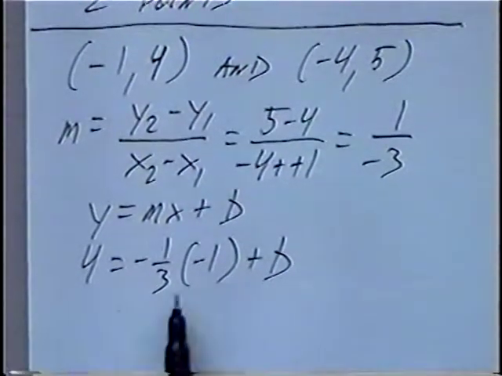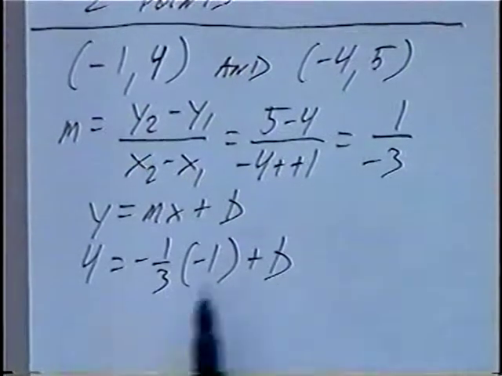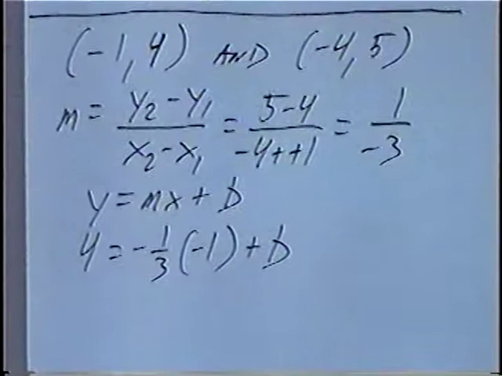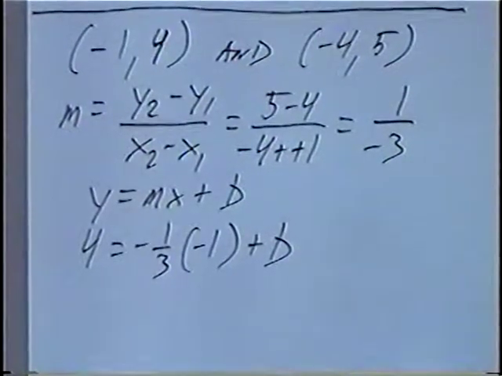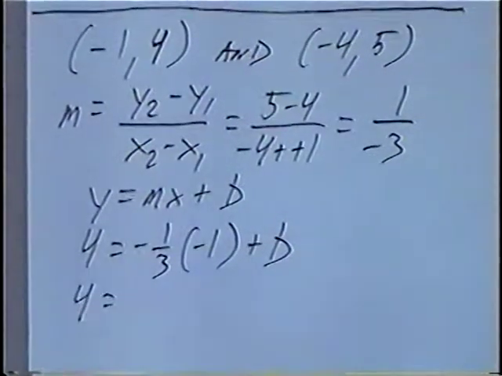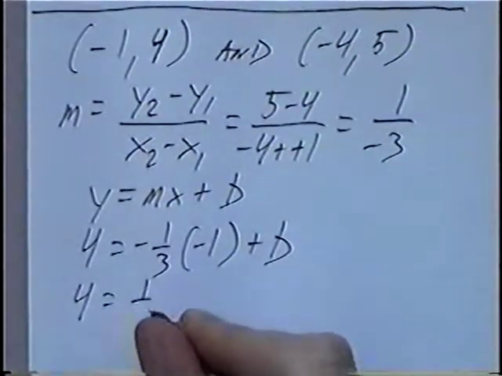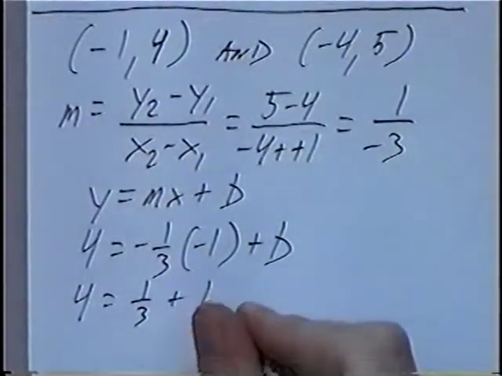If you wanted to, instead of negative 1 and 4, you could use negative 4 and 5, and you get the same answer. Solving from here, 4 equals negative 1/3 times negative 1 would be positive 1/3 plus b.